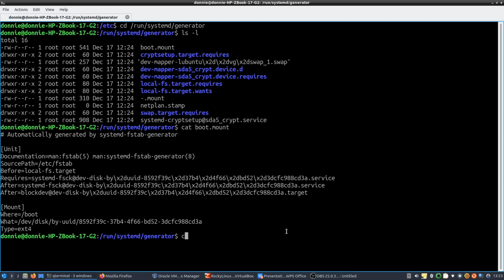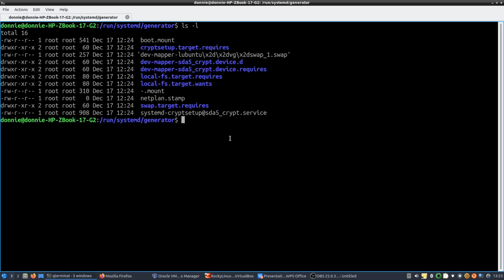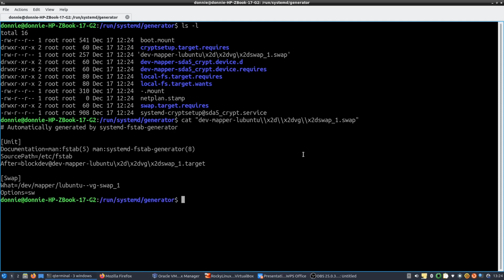And then we have the dev mapper Lubuntu swap thing there. That's for the swap file, and we can take a look at that. And that's what that looks like.